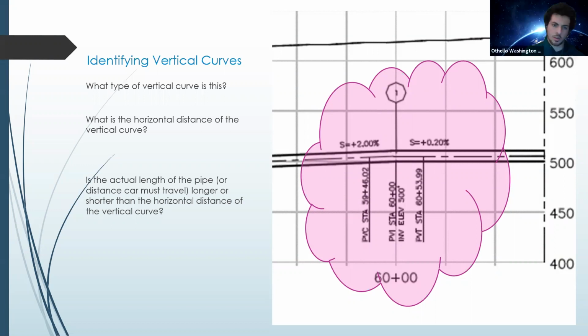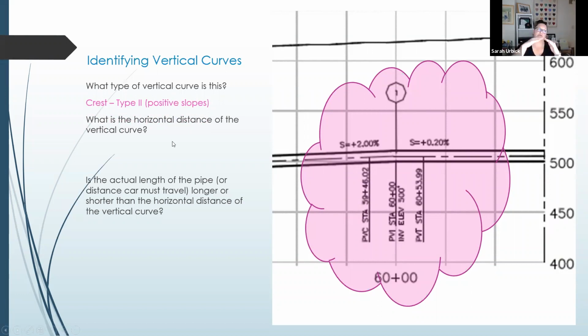Would that be a crest type 2? Because it goes up and stays up. Yes, absolutely. Okay. Because of both of them having positive slopes. If you have a positive and a negative, you know that you're going up and coming back down. If you have a negative then a positive, you know you've got a sag type 3. Okay.